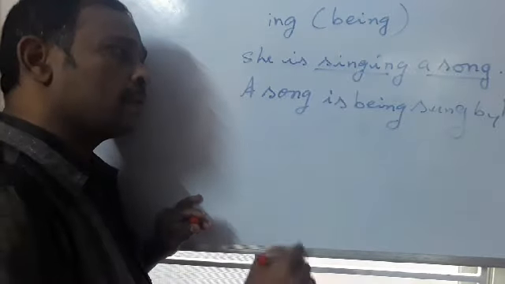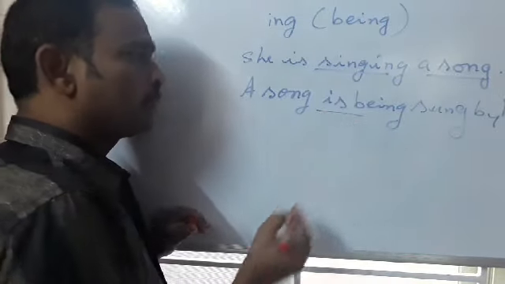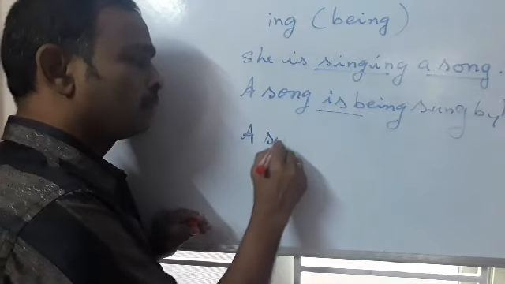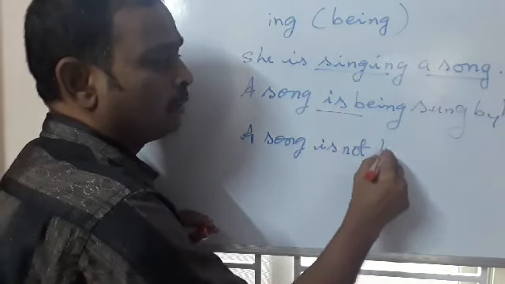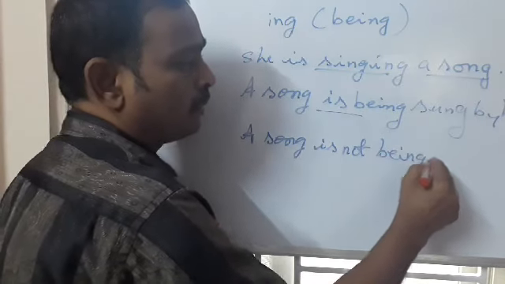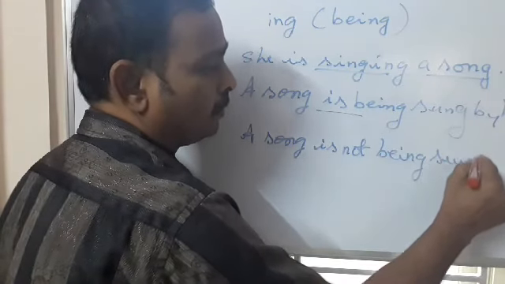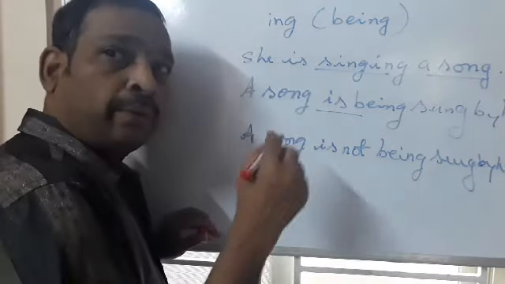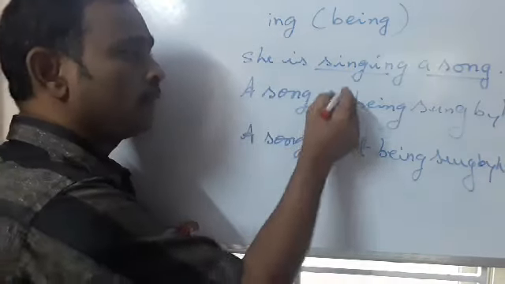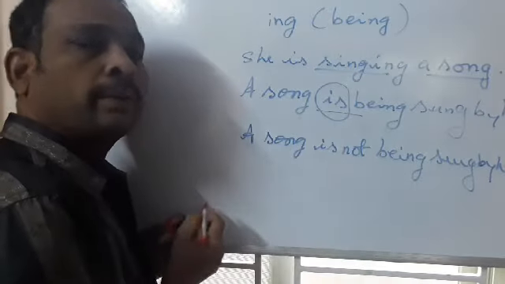Okay. Suppose you want to write negative, very simple. A song is not being sung by her. If you want to write interrogative, see, bring is before song.